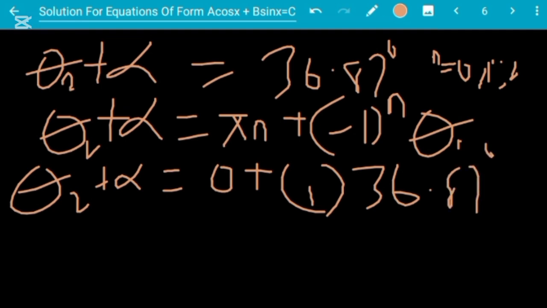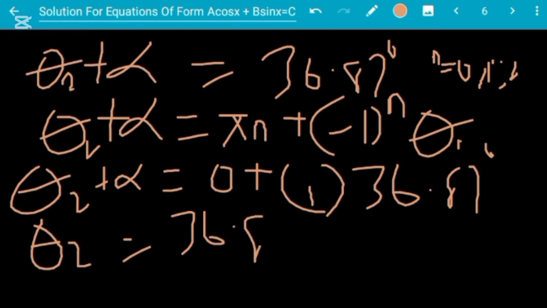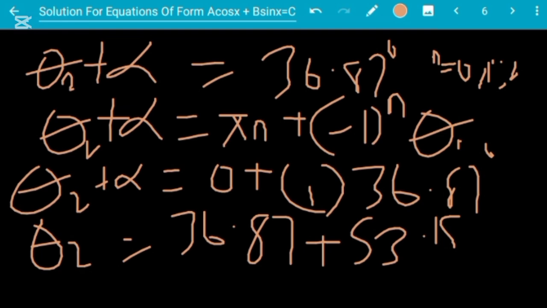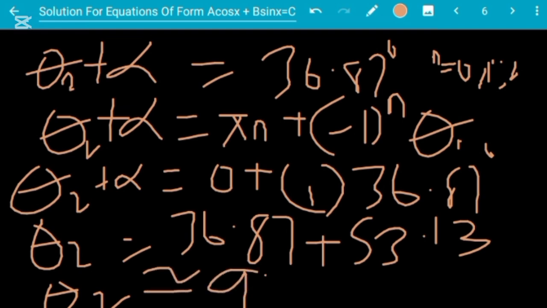We know that theta 2 is equal to 36.87 degrees, and don't forget our alpha is minus 53.13, so bringing it to the other side it becomes plus 53.13. With approximation, this is equal to 90 degrees.